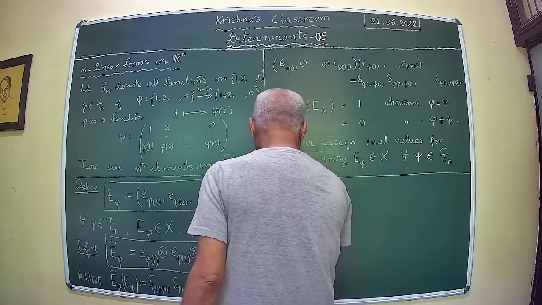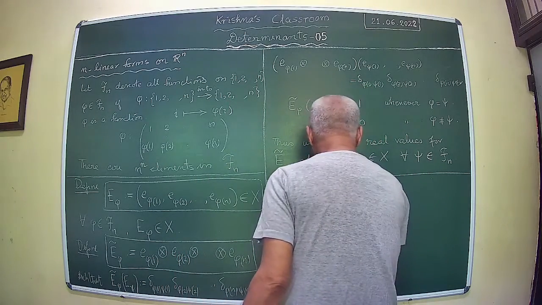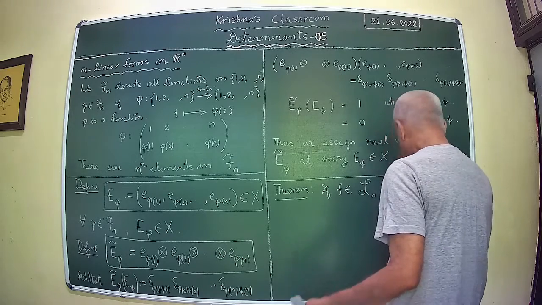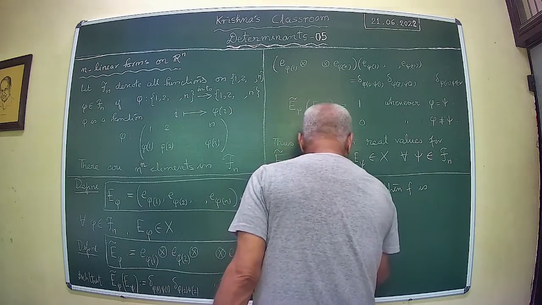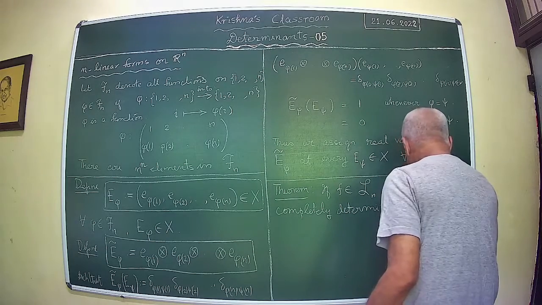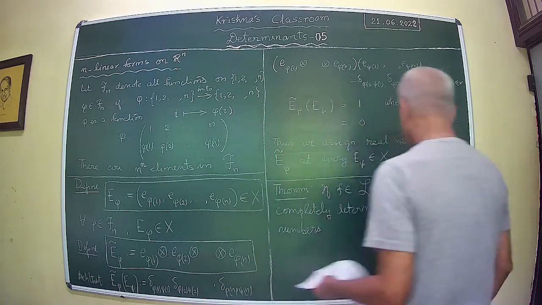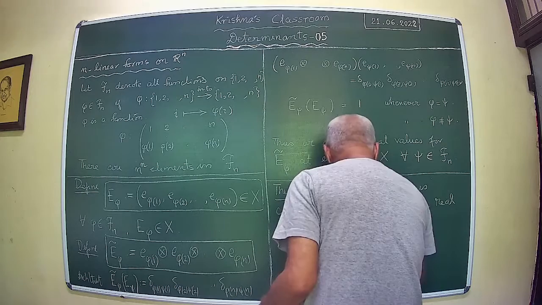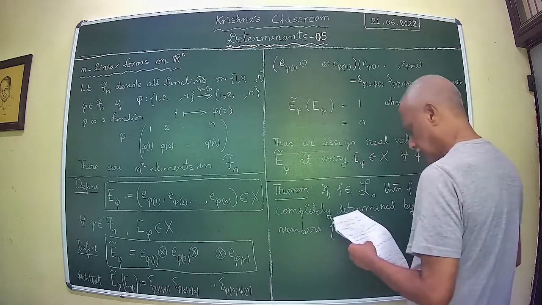So first let us observe that. We proved the following theorem before that. If f belongs to Ln, then f is completely determined by the numbers f of E phi, phi belonging to Fn.